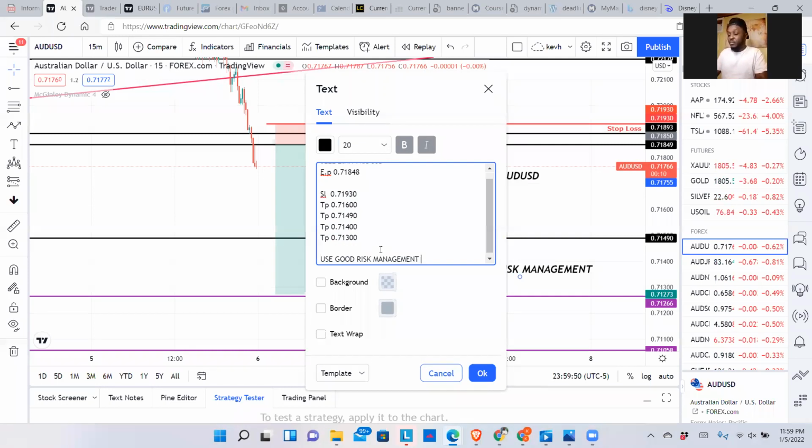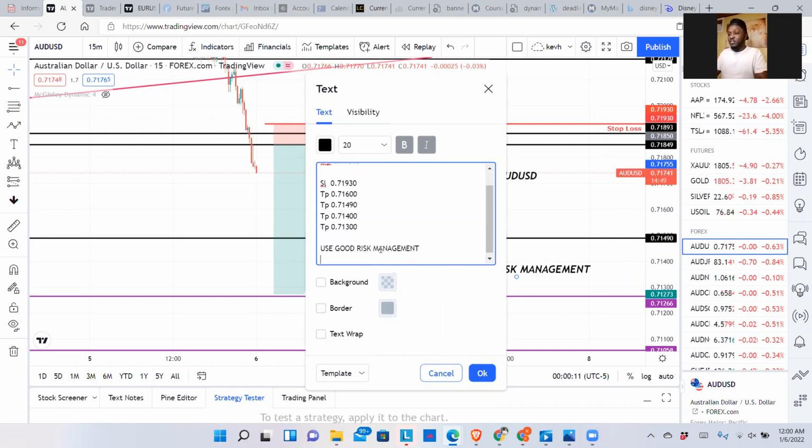I'm still sure I typed it wrong. All right. Use good risk management. That looks wrong to me. I don't know. Is there an E? I don't think so. It looks so wrong. I do not over leverage.